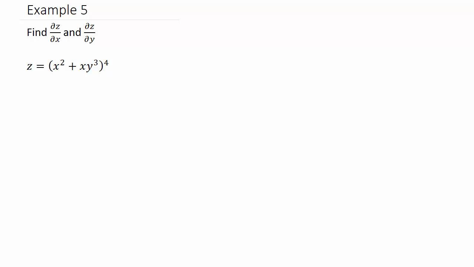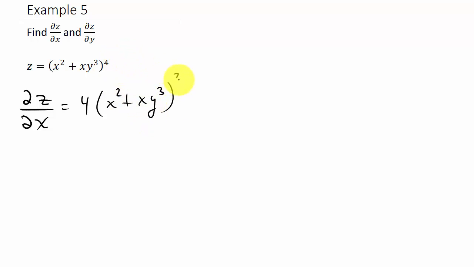Alright, but let's look at this one. Let's take the partial of z with respect to x. So remember, x is your variable, y is treated as a constant term. We treat y as a number. Well, here you can see we have the chain rule. So the chain rule, I'm going to bring the 4 down and subtract 1 from the exponent.